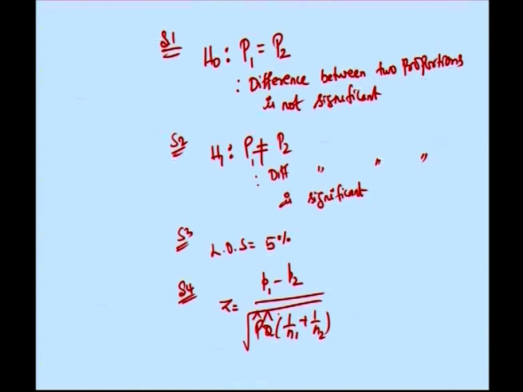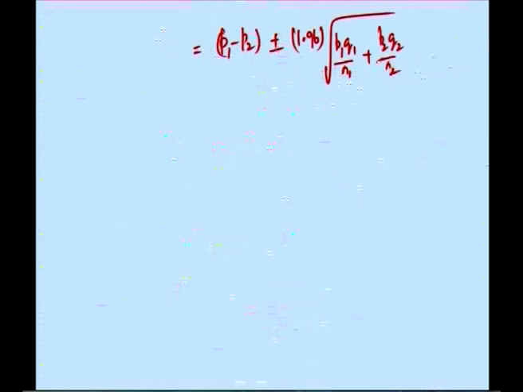So, that kind of difference is accepted in testing the significance, whereas in finding the confidence limits you must be very careful, because you are going to write down the exact values. Therefore, estimates cannot be used, that is P cap and Q cap cannot be used. Therefore, instead of that formula we are writing P1 Q1 by N1 plus P2 Q2 by N2.